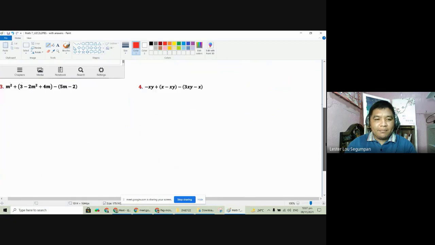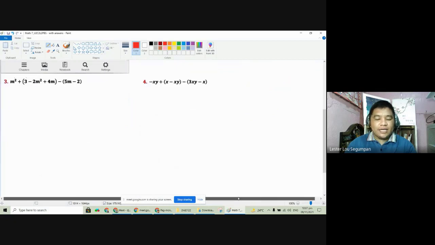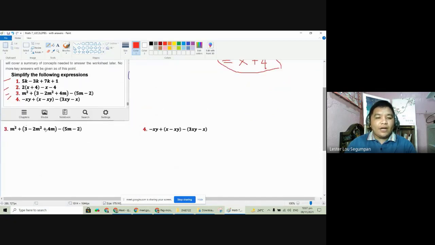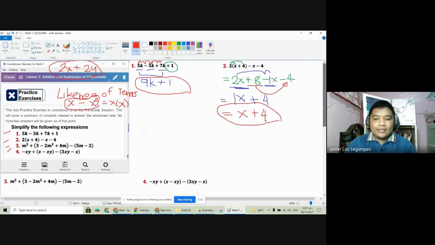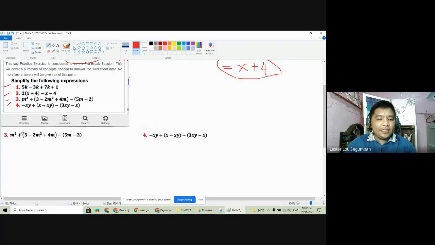Let us proceed to number three, and this is where it gets tricky. Take note that there are still grouping symbols here, but instead of a numerical coefficient outside, we see signs. There are important rules when removing grouping symbols preceded by a sign.